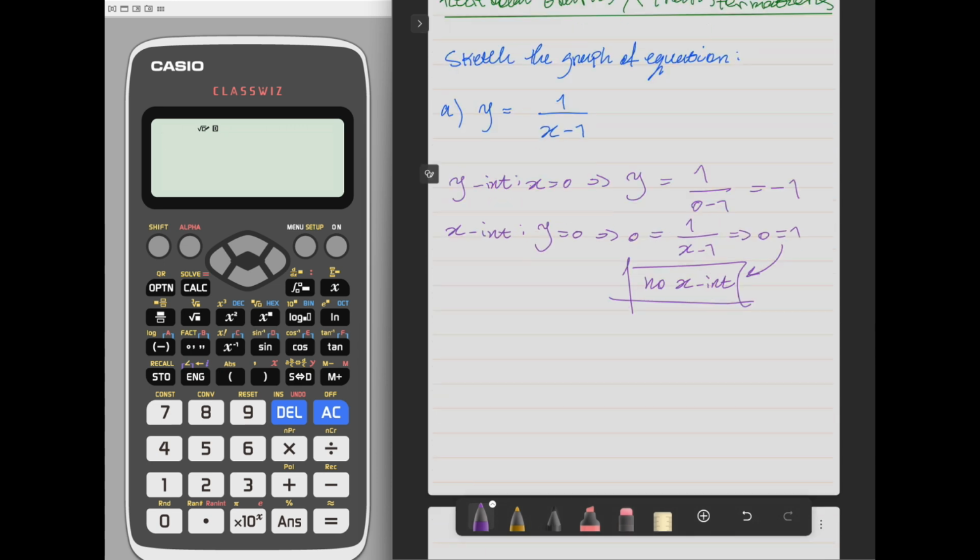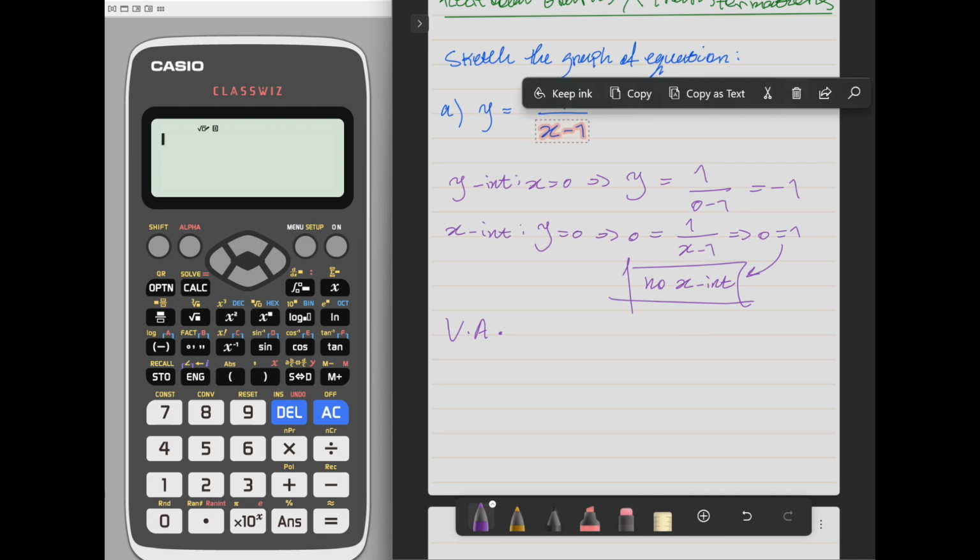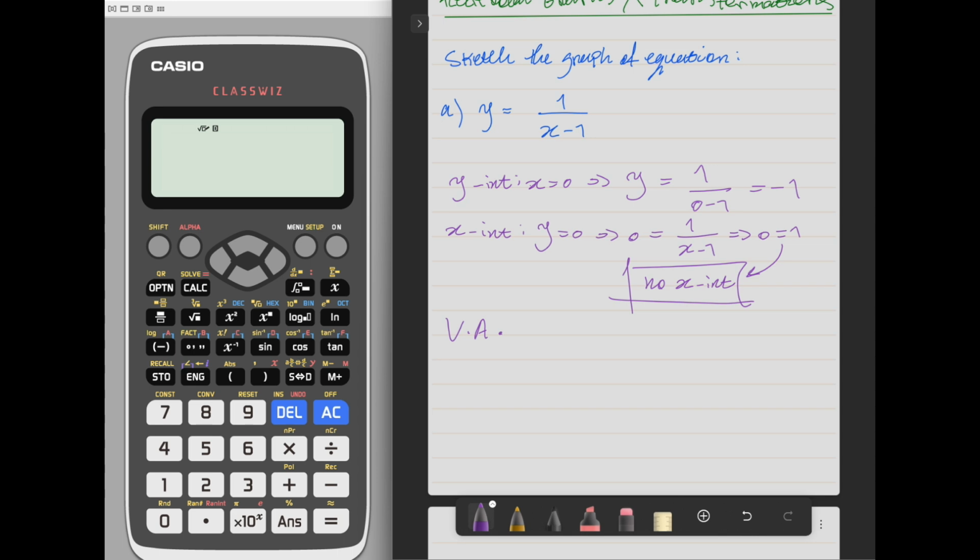And as for your vertical asymptote, guys, for every graph of this kind, you have to put your denominator equal to 0, alright? Listen, the denominator of the equation must be equated to 0, not really being equal to 0.